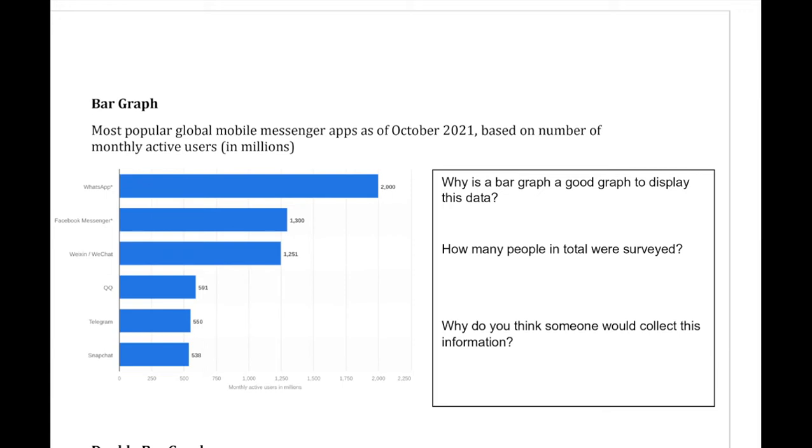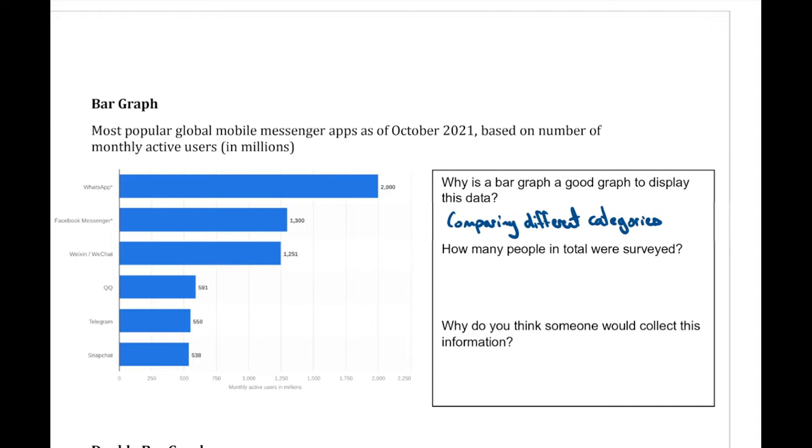So again, if we go back to that chart that we just filled out, we are comparing different categories. And then how many people in total were being surveyed?